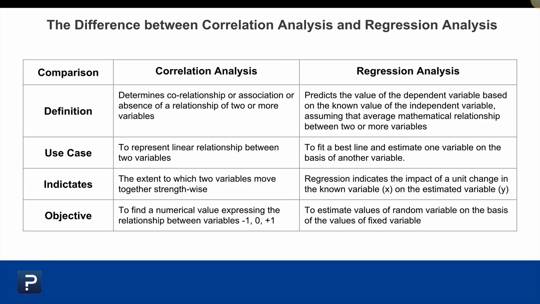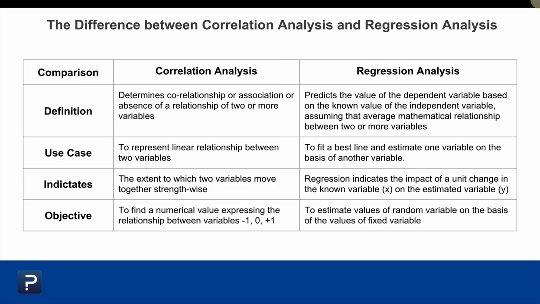And what it indicates for correlation analysis is the extent to which two variables move together, strength-wise, and in regression analysis, it indicates the impact of a unit change in the known variable on the estimated variable. So again, those are directly related to each other, and the results are contingent on the other variable.